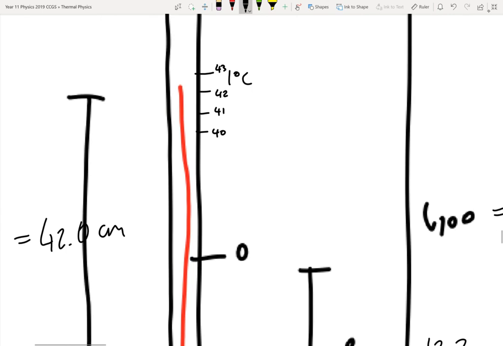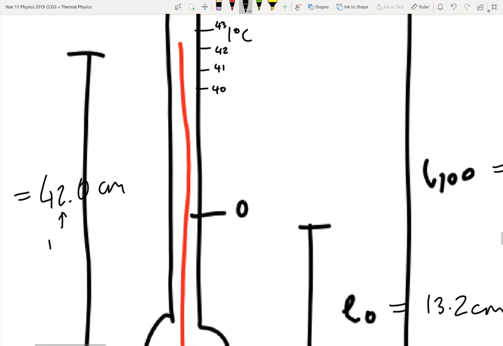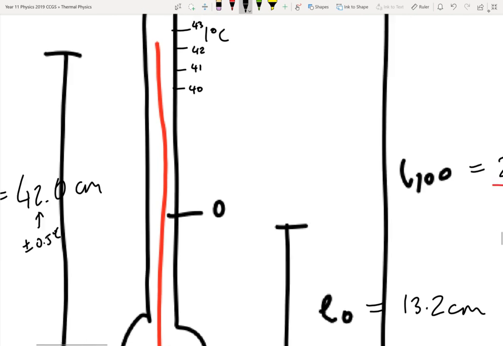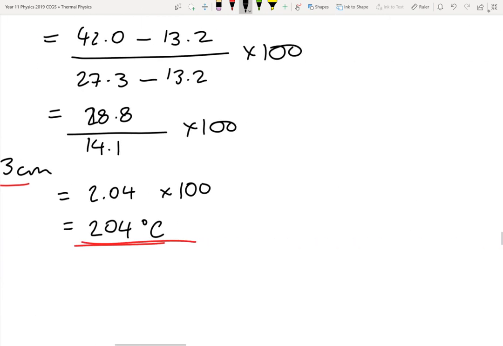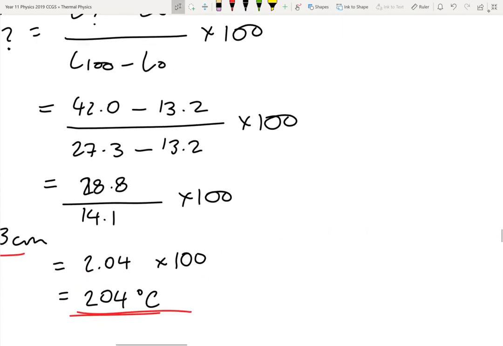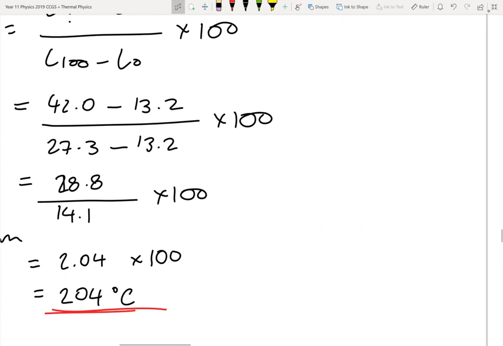Okay? So that 0 is a guess, which means that our uncertainty is plus or minus half a degree. All right? And so when we come over here, let's just, if we have the room off to the side, we'll say, here, you would say plus or minus 0.5 degrees plus 0.5 degrees.